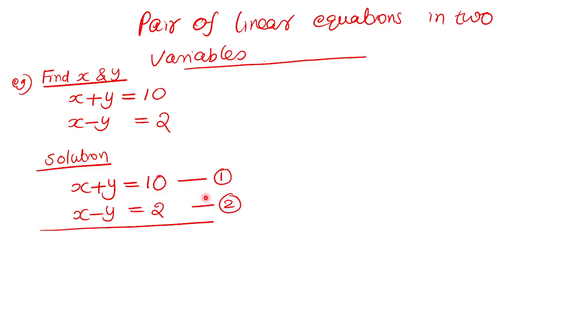If I add 1 and 2, listen carefully, I will ask you questions after this. If I add equation 1 and 2, you just add vertically. If you add left side, x plus x you will get, that is 2x.